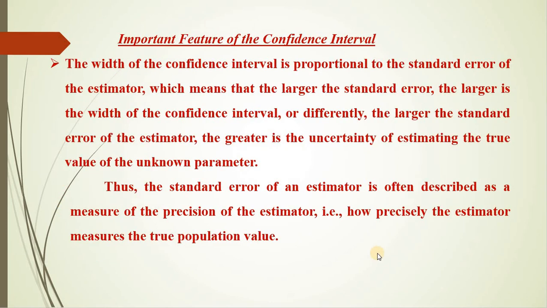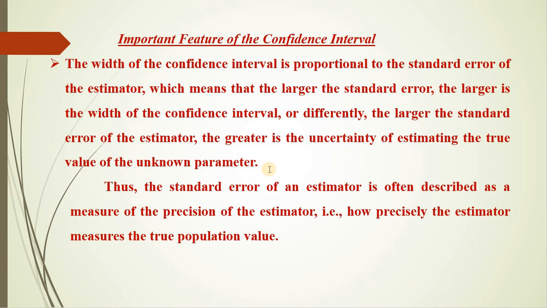There are some important features of the confidence intervals. The width of the confidence interval is proportional to the standard error of the estimator. This means that the larger the standard error, the larger is the width of the confidence interval. Or differently, the larger the standard error of the estimator, the greater is the uncertainty of estimating the true value of the unknown parameter.